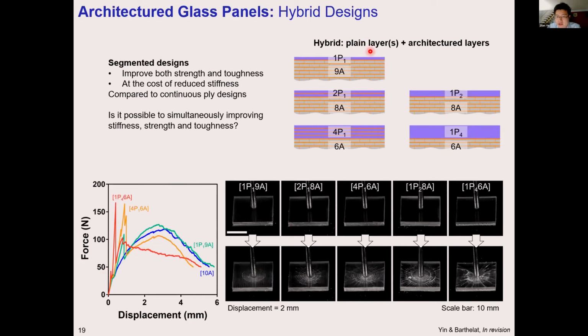Although the top surface, which is made of plain layers, will suffer brittle fractures, the overall behavior of the glass panels is still very deformable and absorbs as much energy as the segmented designs, as you can see in the curves here.